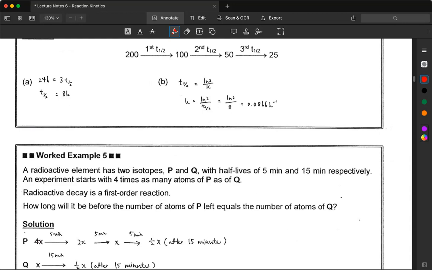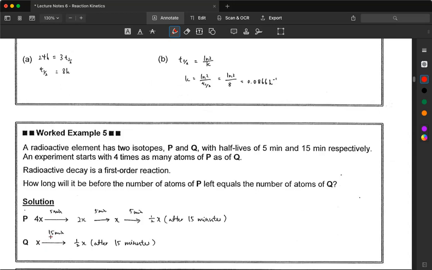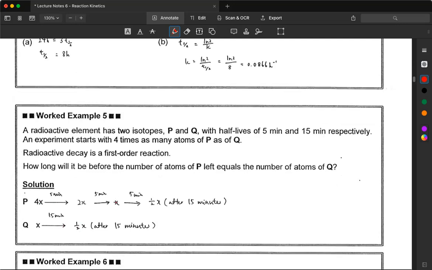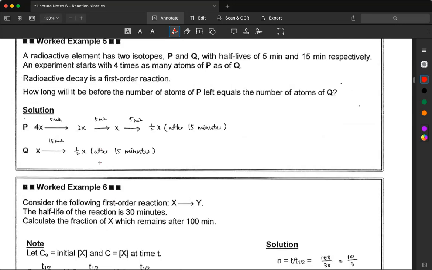So 4x becomes 2x, becomes x, becomes half. So 15 minutes to reach half. As for Q, you take just 15 minutes because the half-life is longer. If you look at P to reach here, it will take about 15 minutes.